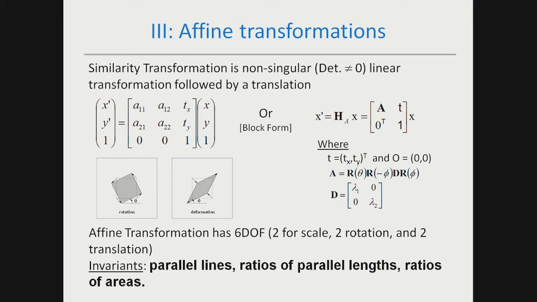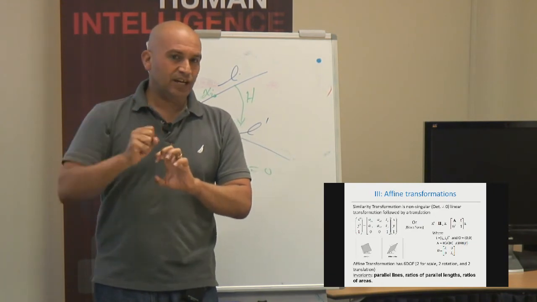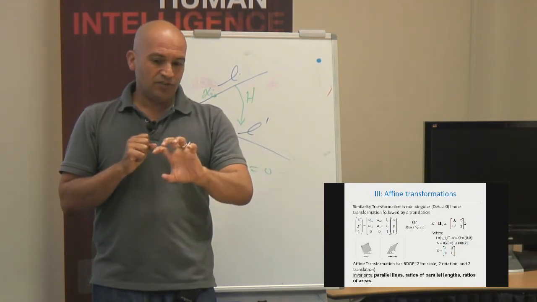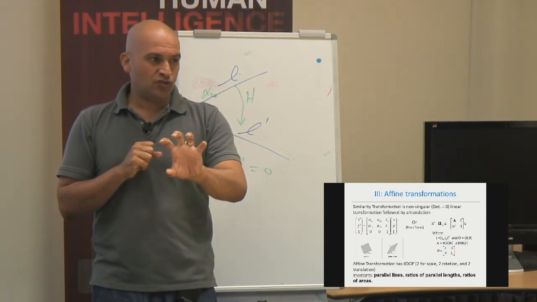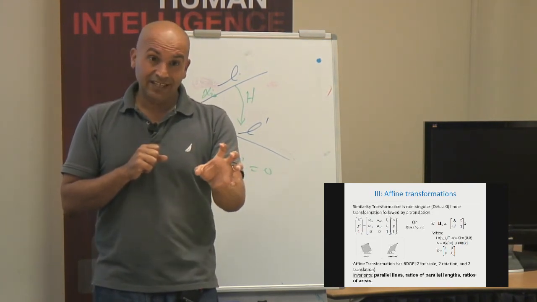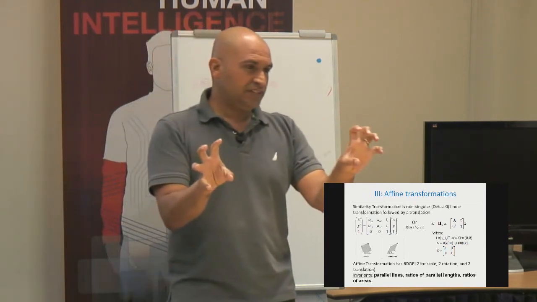The only requirement is a general non-singular matrix. Non-singular means the determinant of this matrix is not 0. And it's followed by translation. We take the translation out, and think about all the transformation, which could be rotate and scale, but the scale is not uniform in this case. And then we have translation.